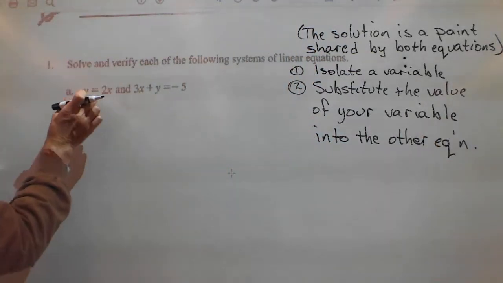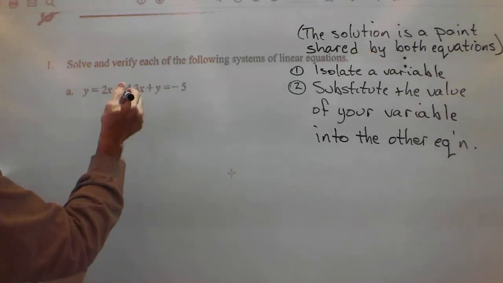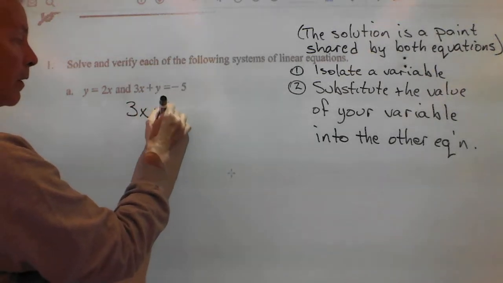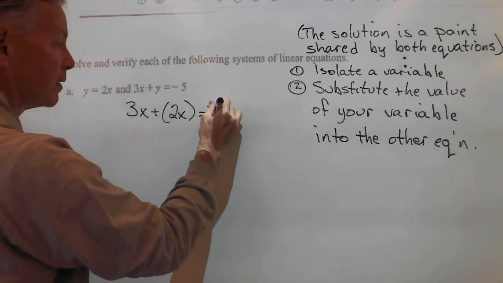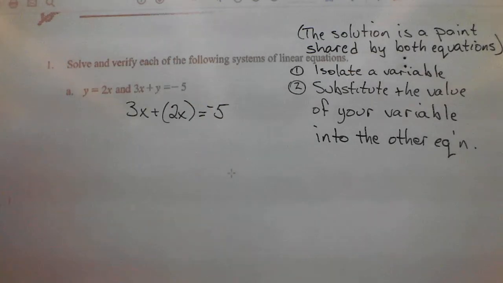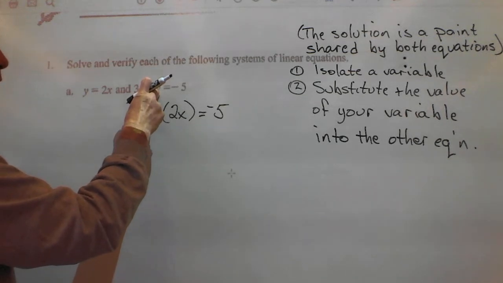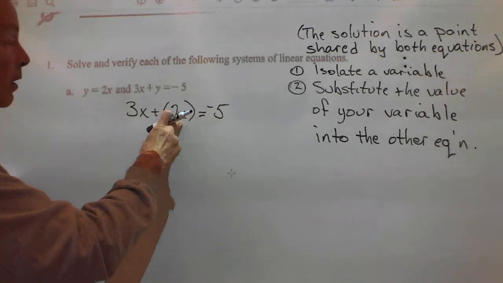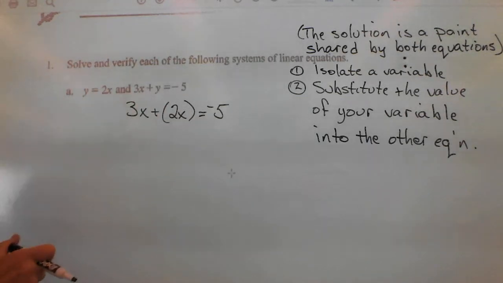So if y equals 2x in our first equation, then y also equals 2x in our second equation. Notice what I did there. Where I had y originally, I've substituted the value 2x because I know from my first equation that that's what y equals.